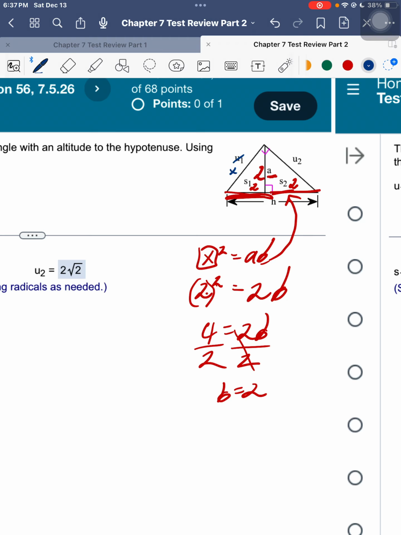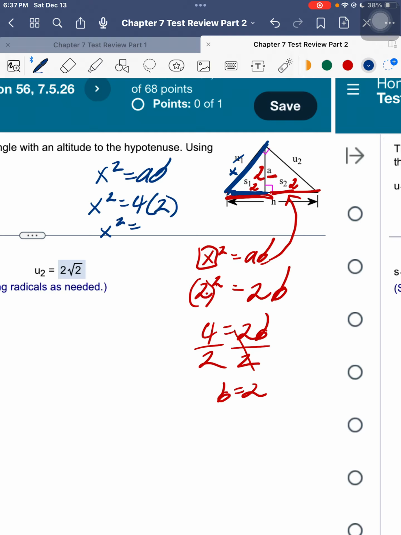So I'm pretty much solving for X, this leg. So now my geometric mean, what goes into my X? An X. So X squared equals, now when my geometric mean is on the leg, my A is my entire hypotenuse, which was what? 4. And my B is the piece of the hypotenuse that is adjacent to that leg, which is 2.